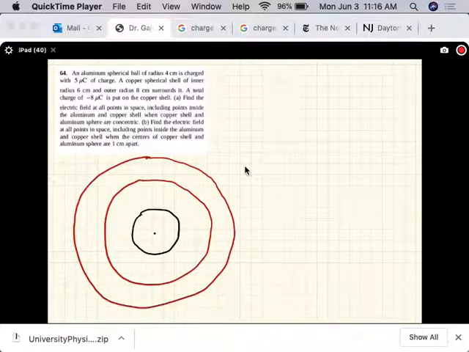Now there's 5 microcoulombs of charge on the aluminum ball. And you saw that all the charge will reside on the surface.